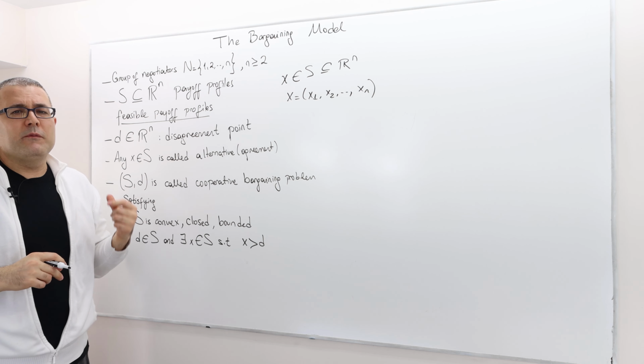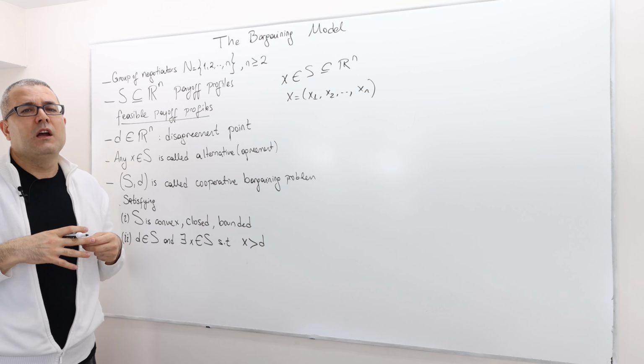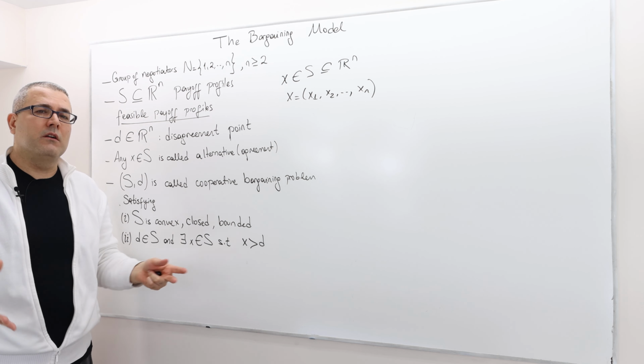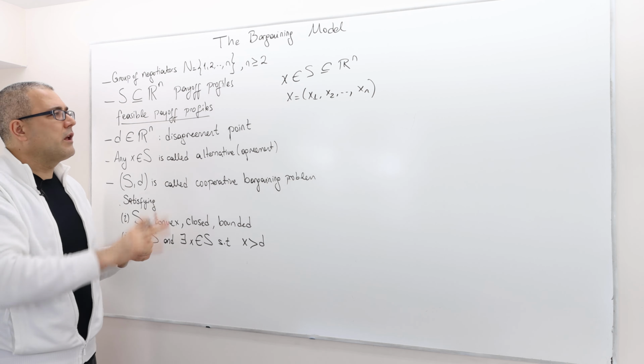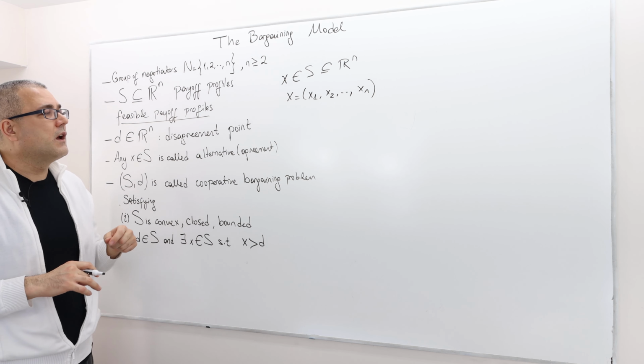Well, why do we call them feasible? Well, because depending on the bargaining problem, some payoff profiles may be out of the question, all right? So again, I'll talk about some examples and how we construct this set, so it's important.